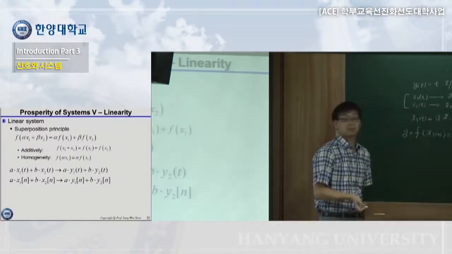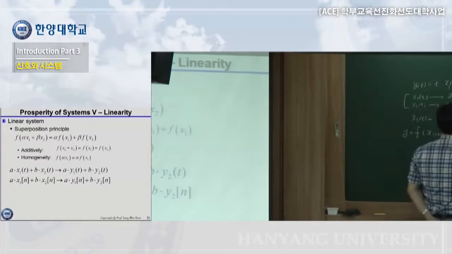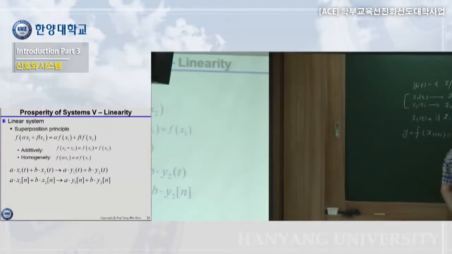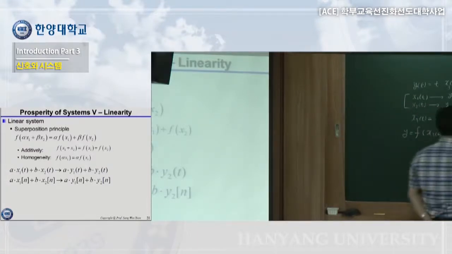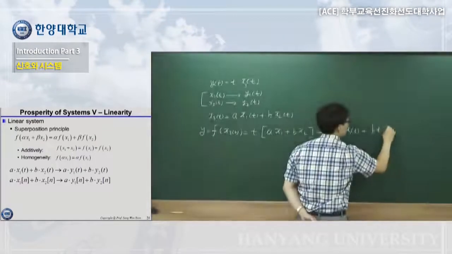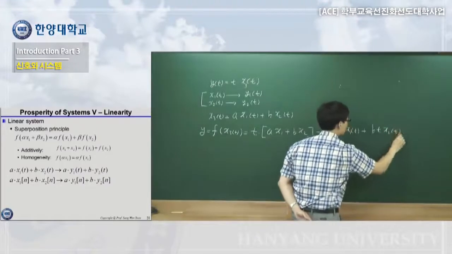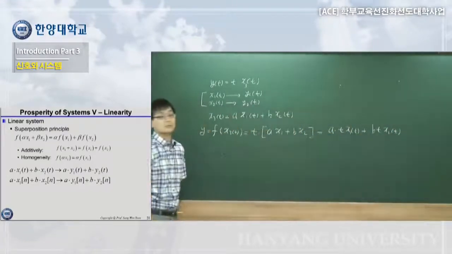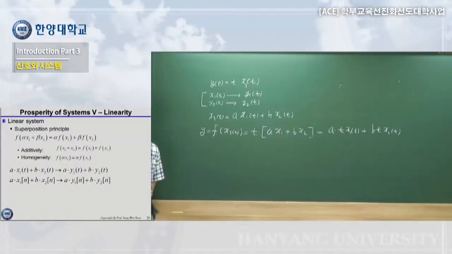We can rewrite that as A times t x1(t) plus B times t x2(t), right?